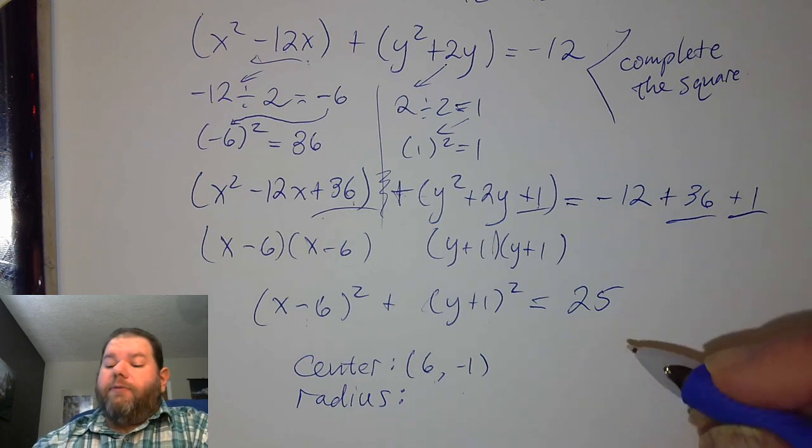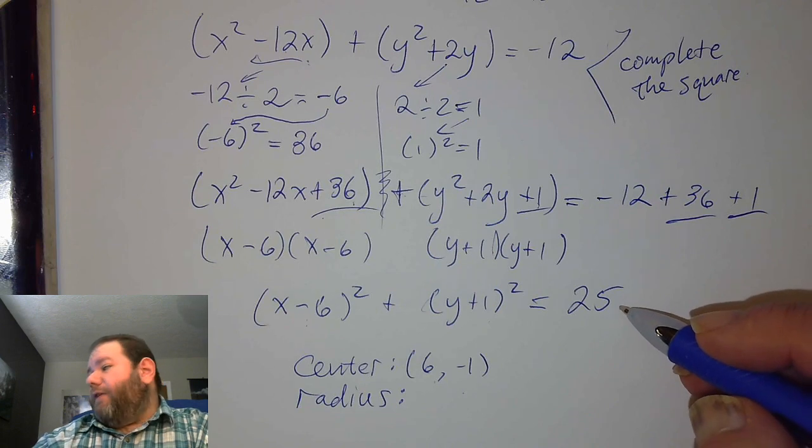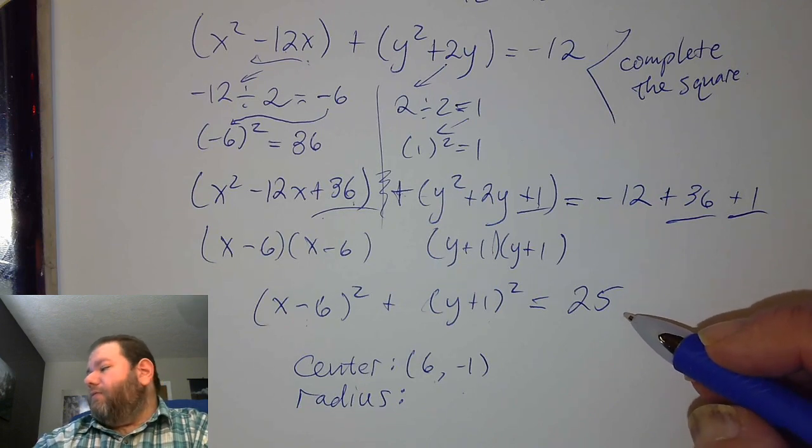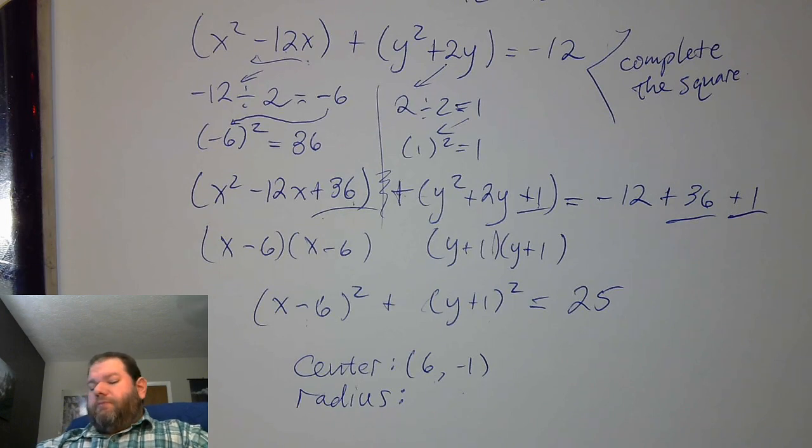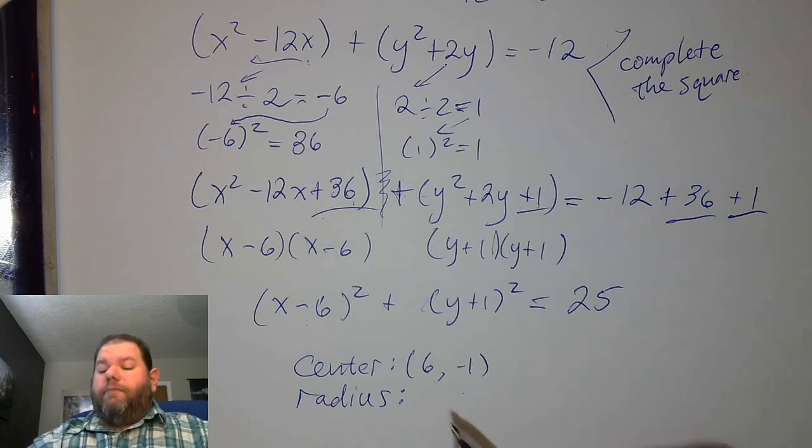We know the radius comes from the right-hand side, but it's not 25. Good.